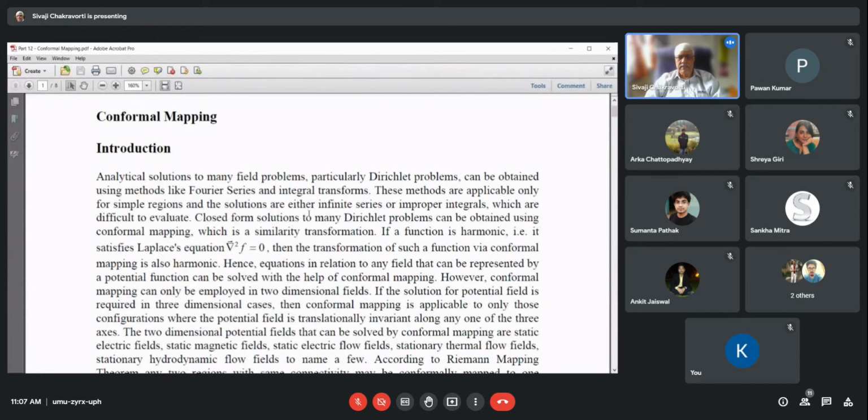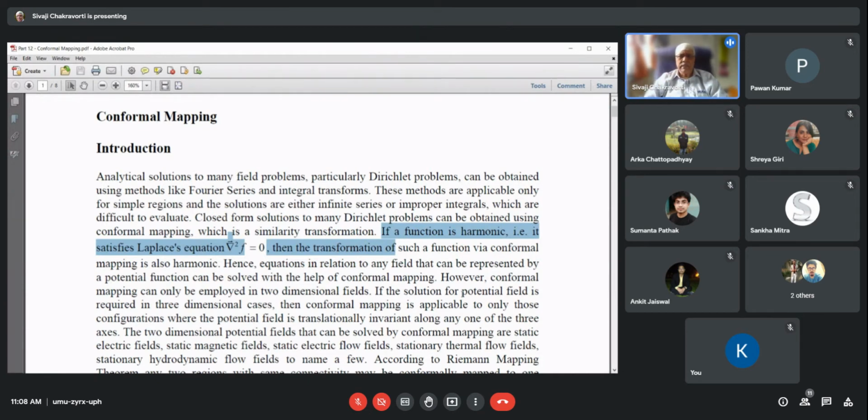Is it like harmonic analysis, Fourier analysis, etc.? The answer is no. The definition of a harmonic function is very simple. It is given here in this note that if this function satisfies Laplace's equation, then we call this a harmonic function.